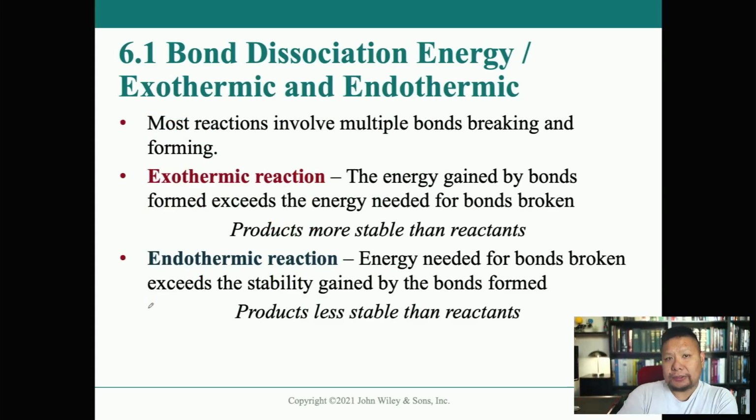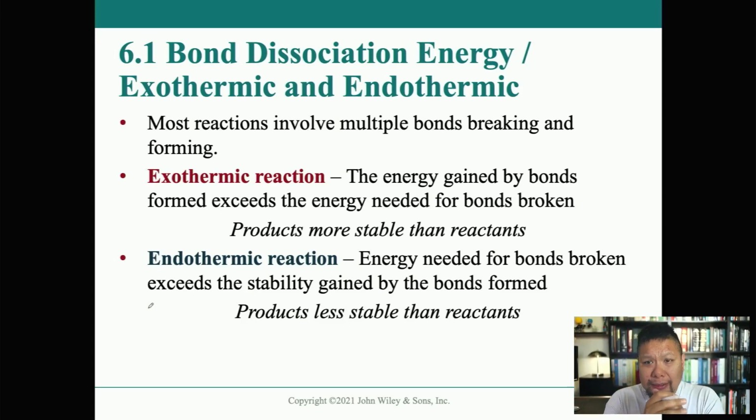Okay. So bond dissociation energies directly relate to the exothermic or endothermic nature of a reaction. Most reactions involve multiple bond breaking and forming. In an exothermic reaction, the energy gained by bonds formed exceeds the energy needed for the bonds to be broken.